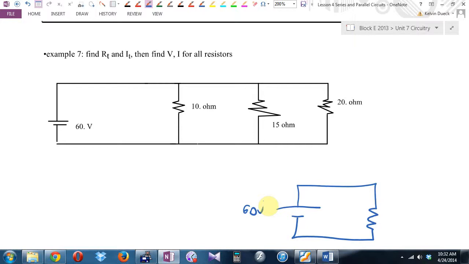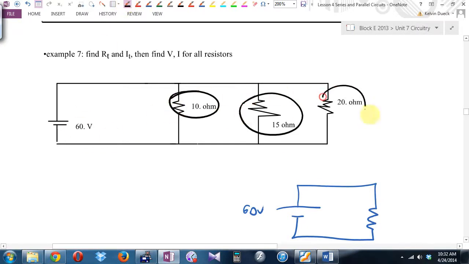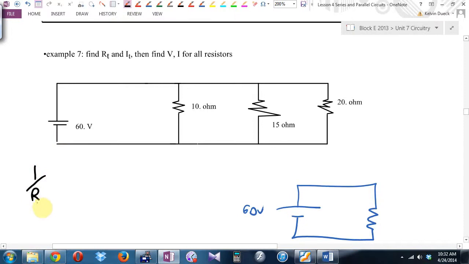No. So the first thing I'm going to do is say these 3 resistors are in parallel with each other because we split up here and rejoin here. So 1 over R total equals 1 over 10, 1 over 15, 1 over 20. What is the total resistance of this circuit?